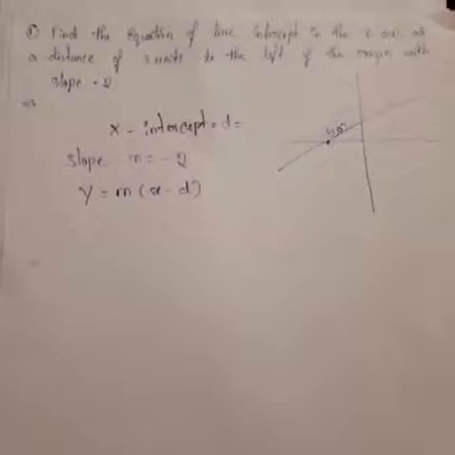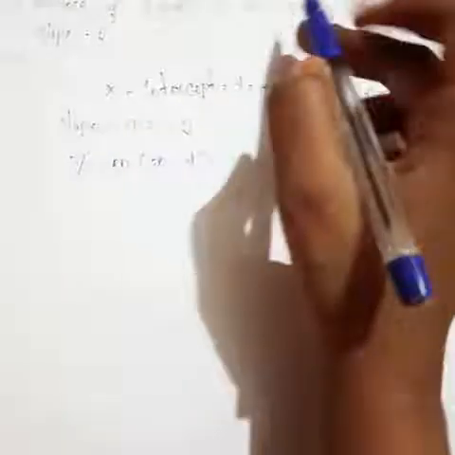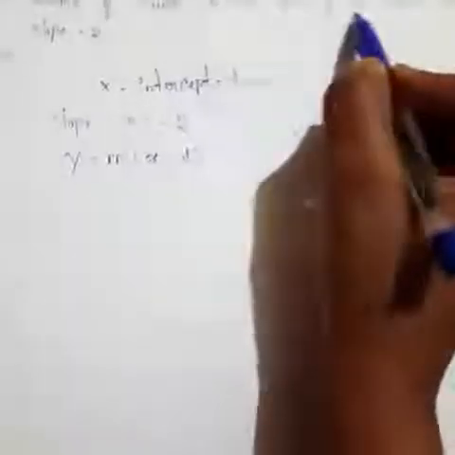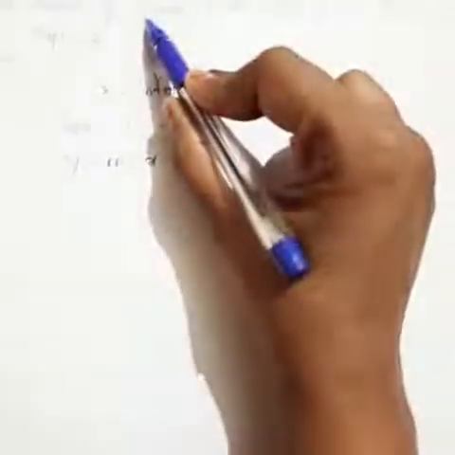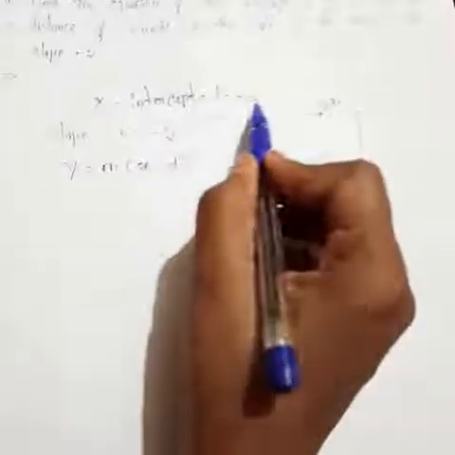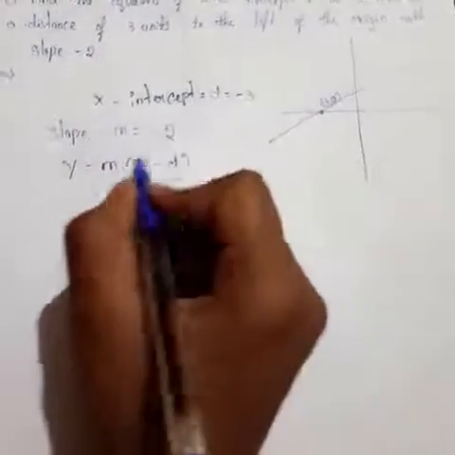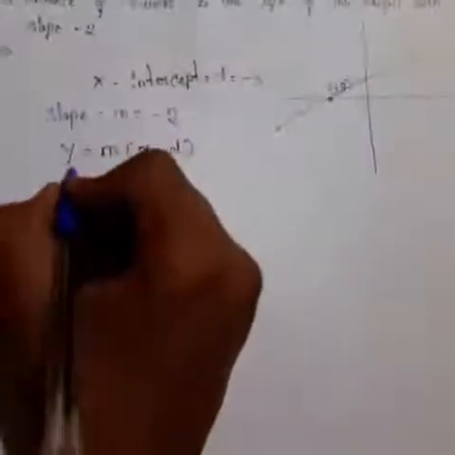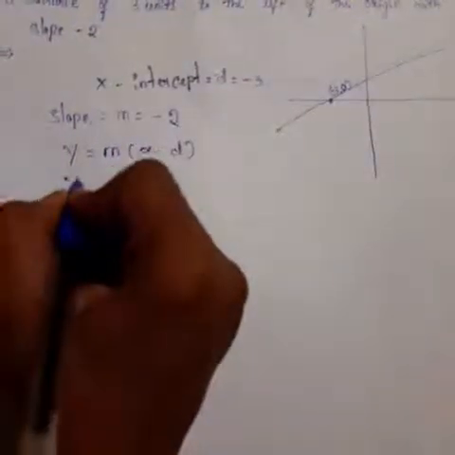Here 3 units means we take -3, because the direction is mentioned: left of the origin is a negative point. So d is -3 and m is -2. We put these two values in the equation and we get the equation of the line.